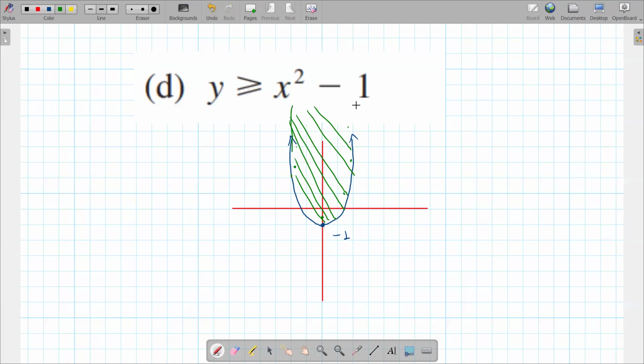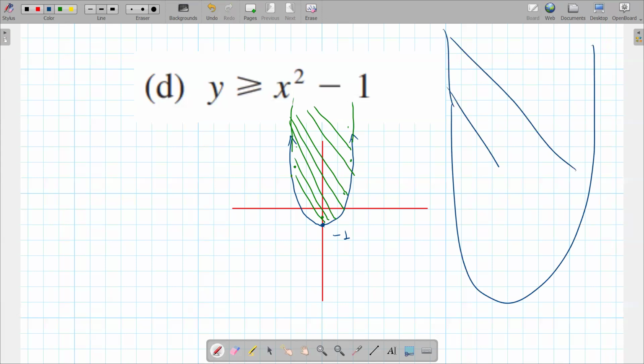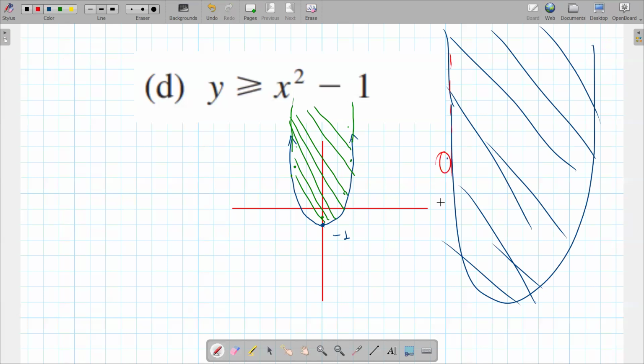So it's strictly between the curve. It'll never go outside of the curve. So it'll be like this. And the area that you're interested in will always be strictly inside of the curve, because if you go outside of the curve, that means for some x value, your y value is lower. So that's why you're always going to be strictly inside of the curve and you're going to shade that area. Cool?